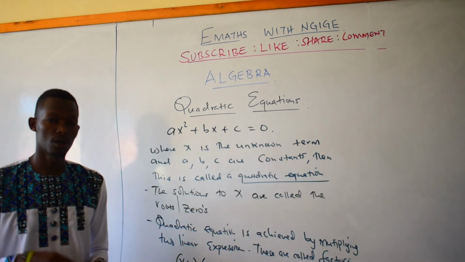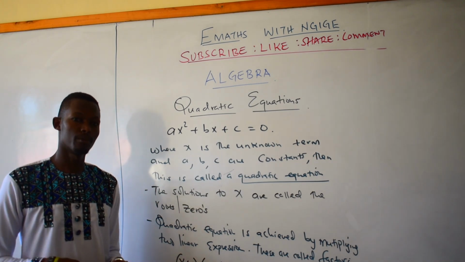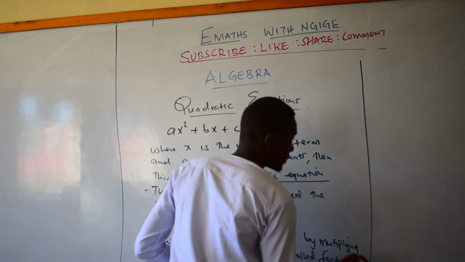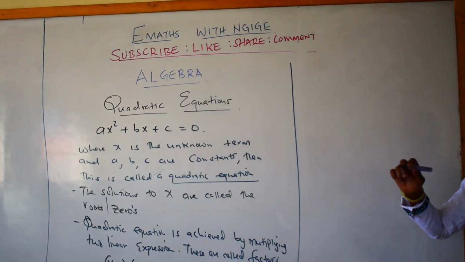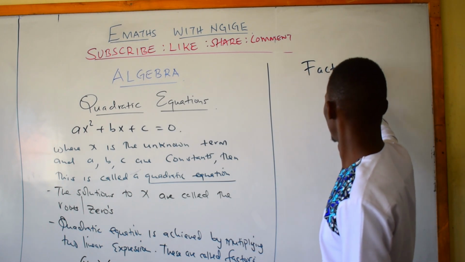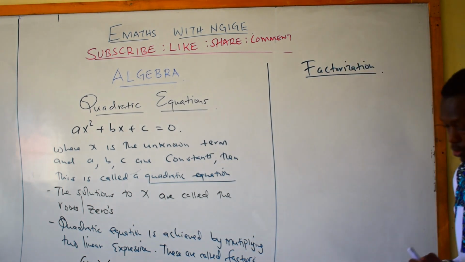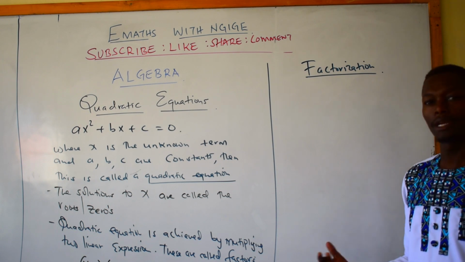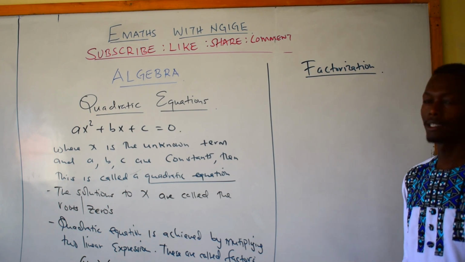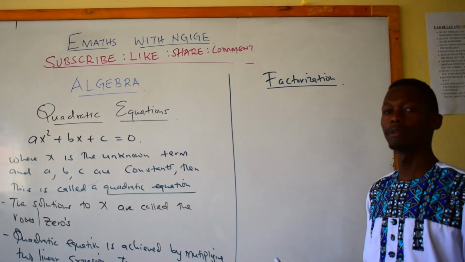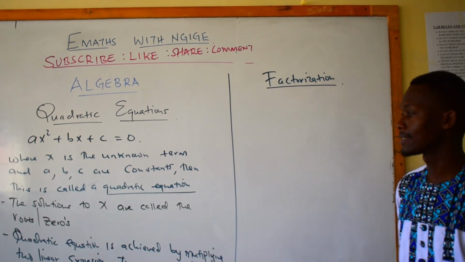So let's check how to solve a quadratic equation by factorization. So when you solve a quadratic equation by factorization, it just means you take like terms together, or take factors that are appearing the same in a certain equation, and group them together for you to find a certain solution.